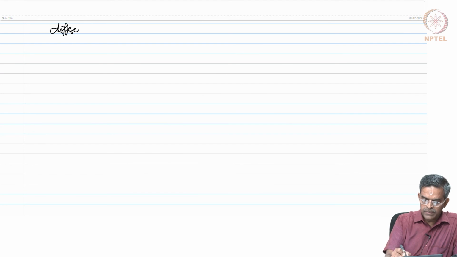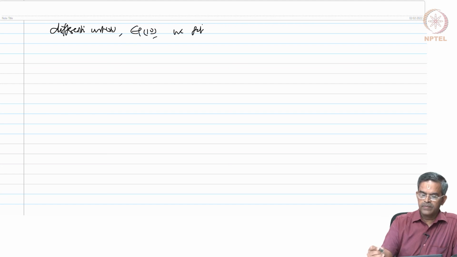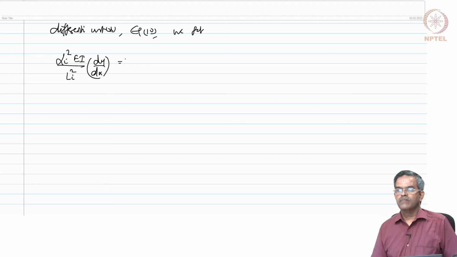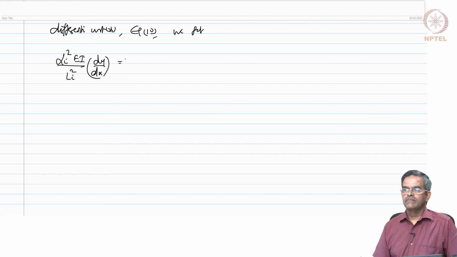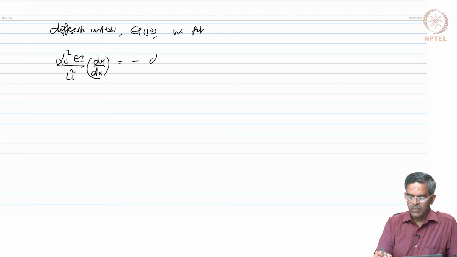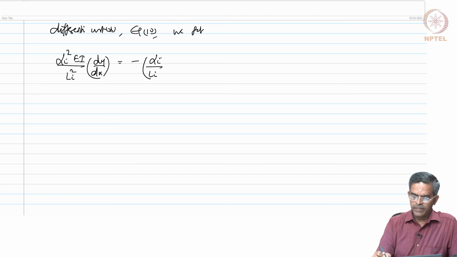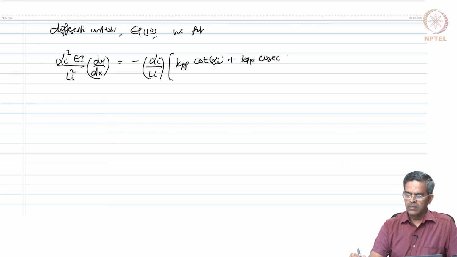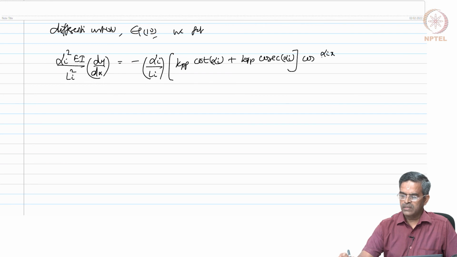Differentiating equation 10 with respect to x, we get alpha I square Ei by Li square of dy by dx is equal to minus of alpha I by Li, KPP cot alpha I plus KQP cosecant alpha I of cos alpha I x by Li.